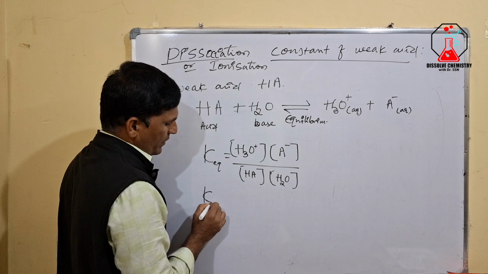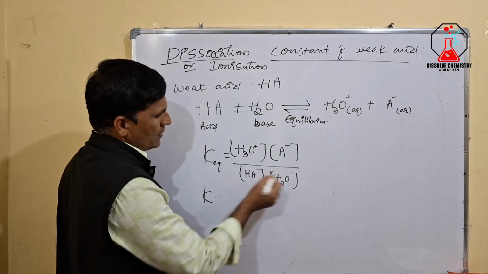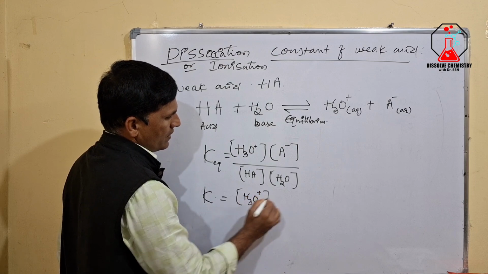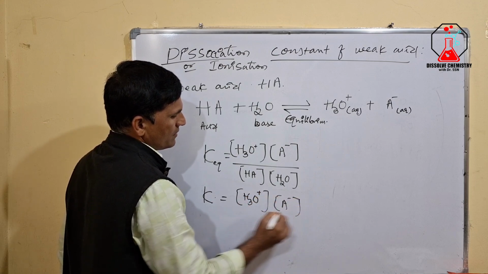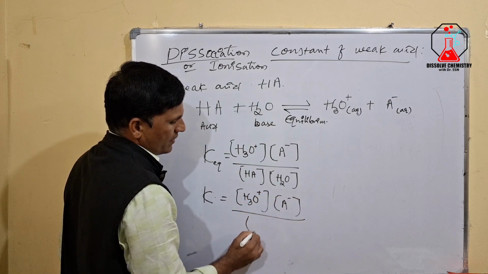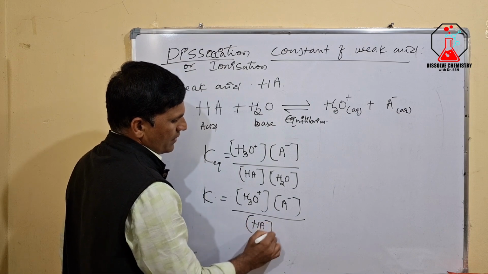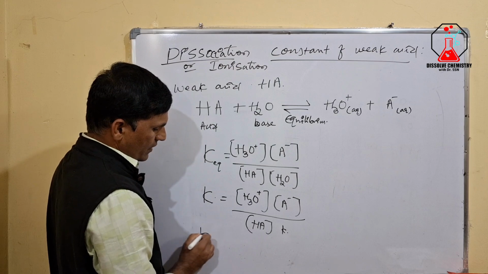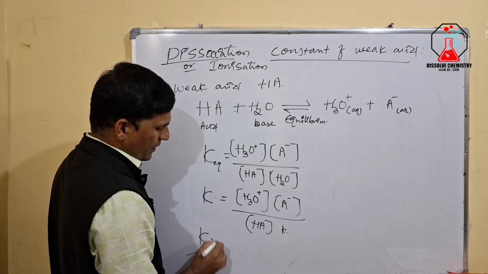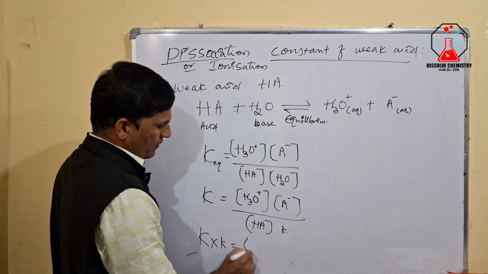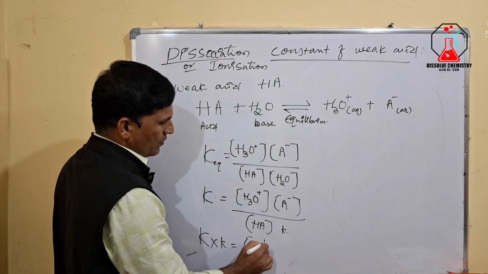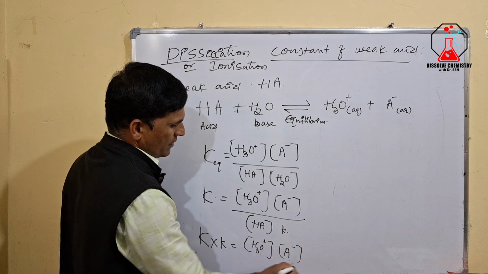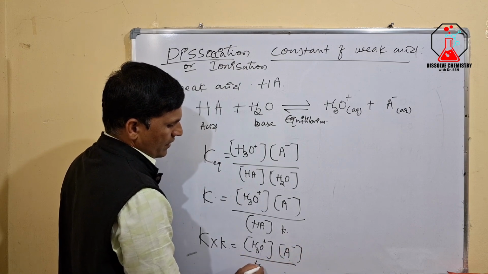So capital K into small k, which is equal to H3O plus into A minus divided by HA.